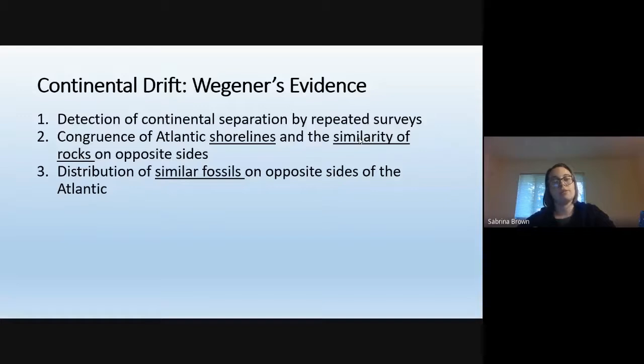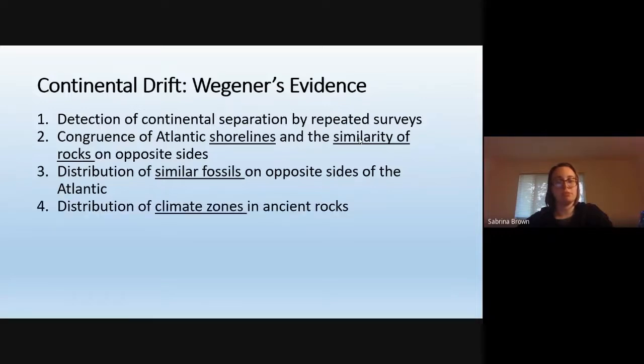He noticed that there were, in addition to similar rocks, similar fossils on opposite sides of the Atlantic Ocean, and similar climate zones in ancient rocks. So we can use rock deposits to understand what the climate used to be like, whether there were glaciers there or whether it was tropical or a desert environment.